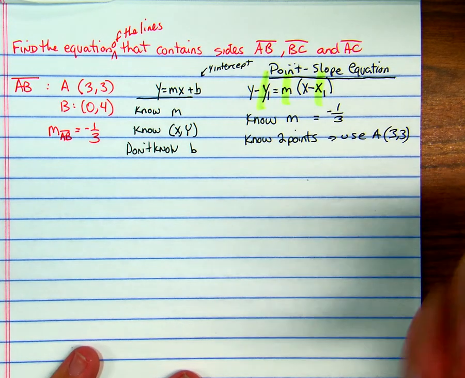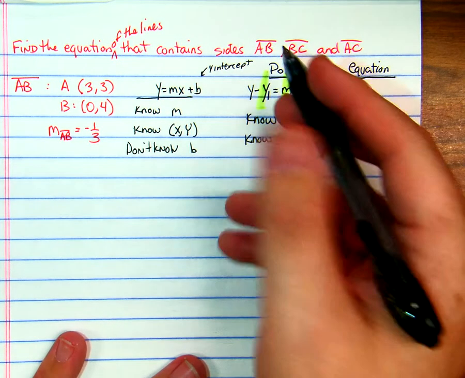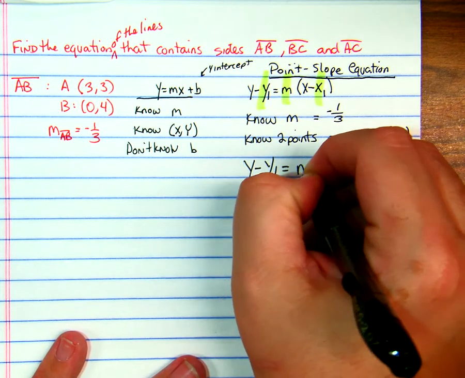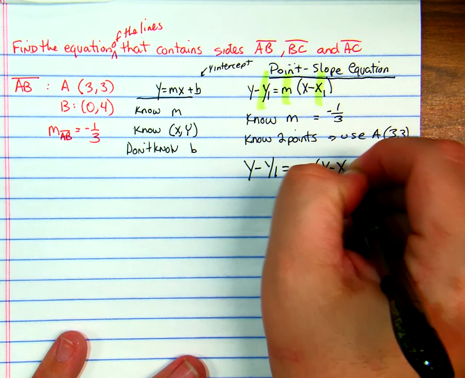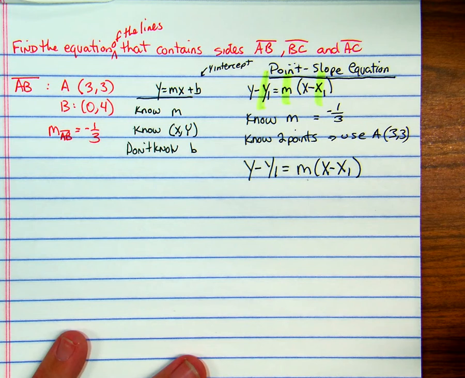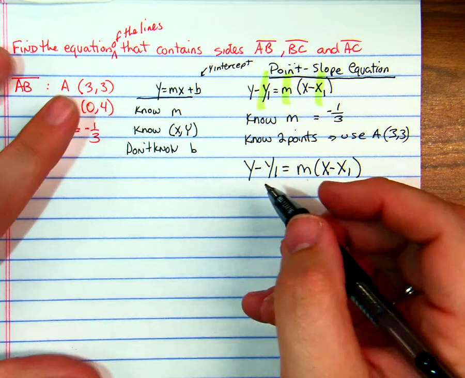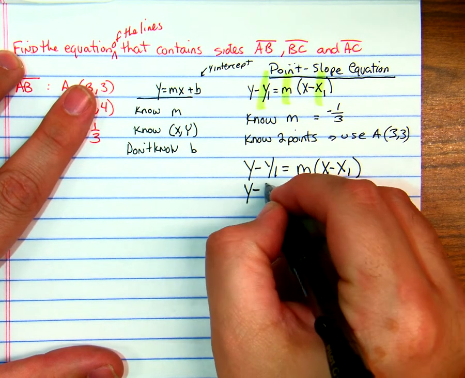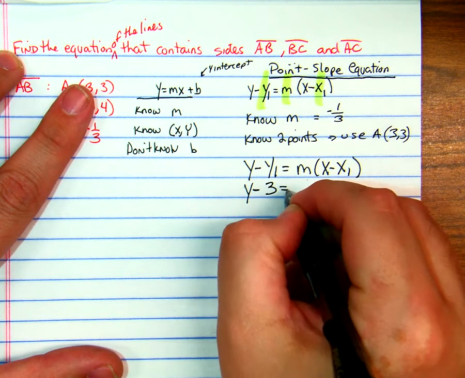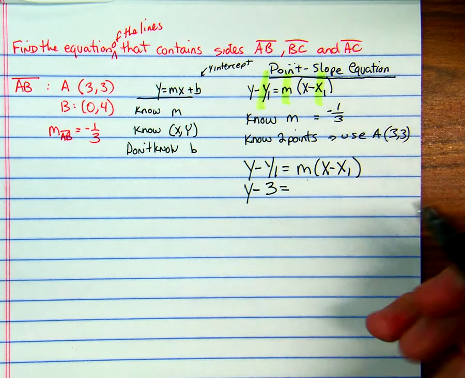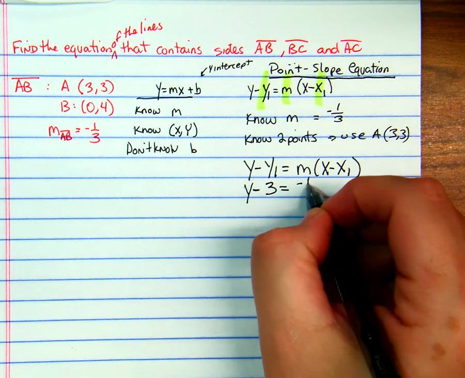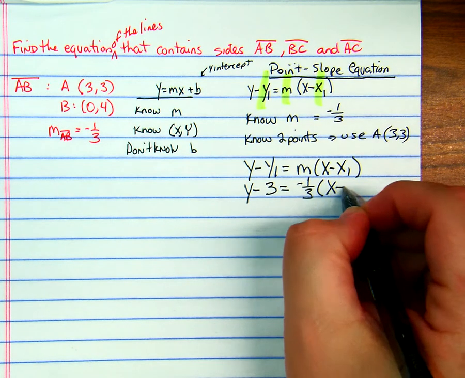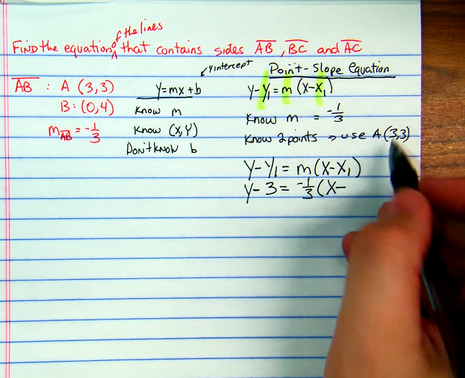Absolutely. So all you do is take the formula and plug in the points. I know y1 is what value? 3. What's the slope? Negative 1/3. And then I'm going to put x minus the x value, which is 3.